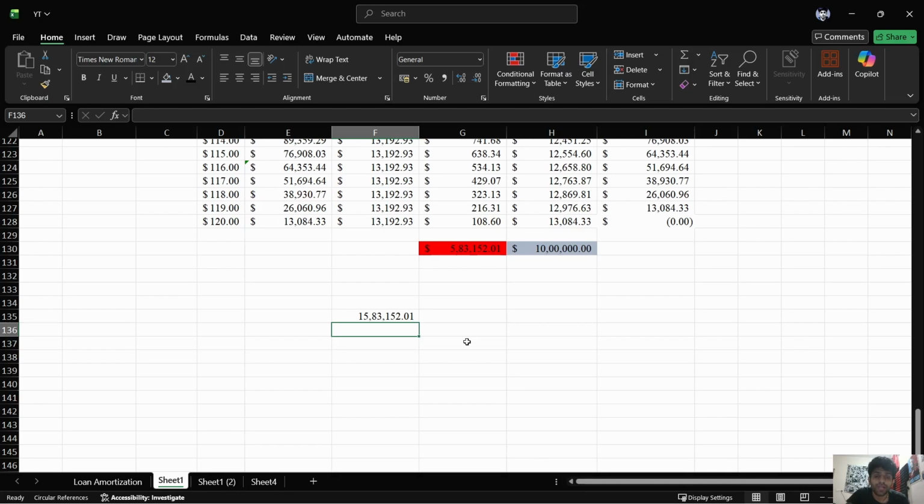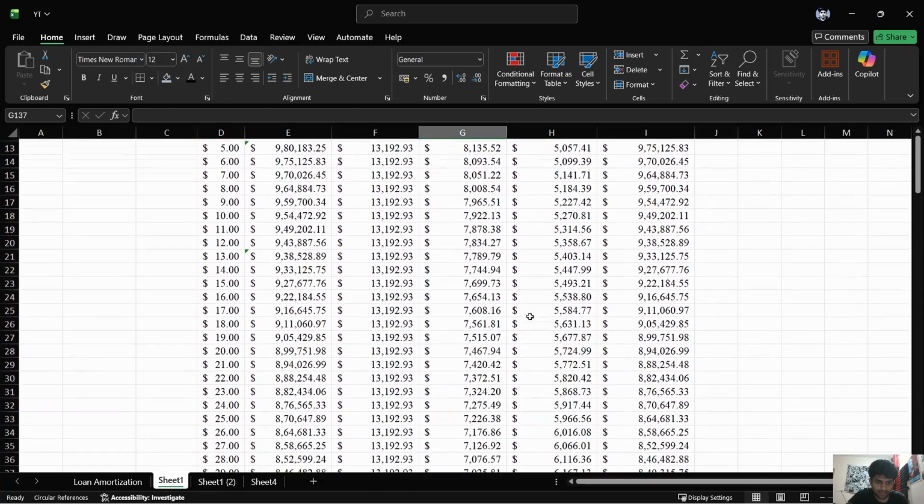So we have actually paid more than the price of the car, and the value of the car has also depreciated. So in a way it was a loss for us to take a loan, but we can also argue that sometimes taking a loan can help us save a little bit of taxes, but it totally depends on what type of car you're taking. Maybe you could have taken an EV, which could have saved you on fuel cost. I'm telling you about other costs because you can compensate for the interest of 5,83,000 somewhere.